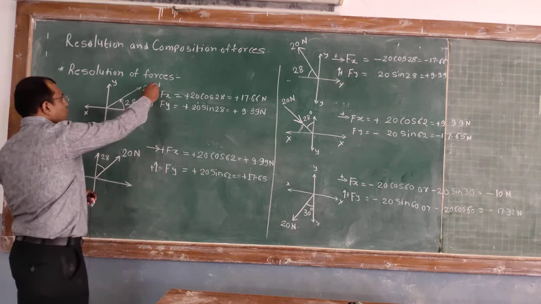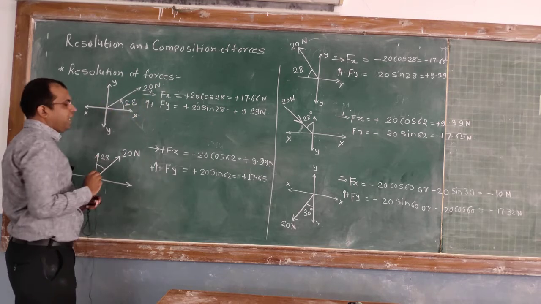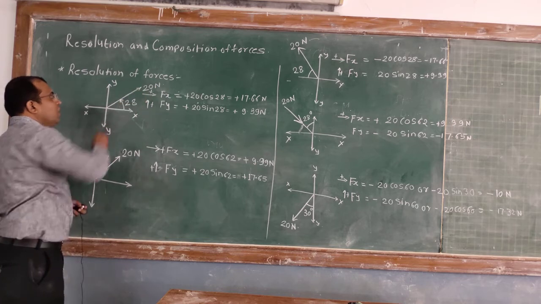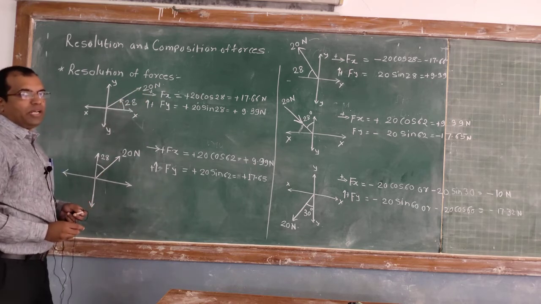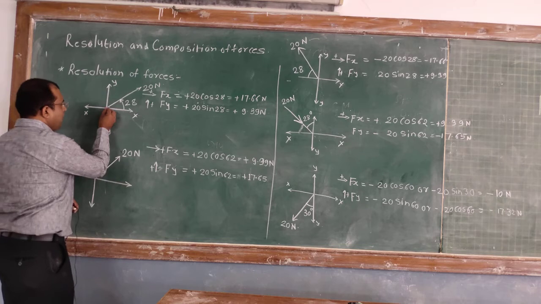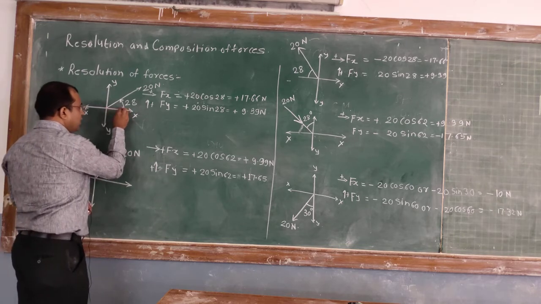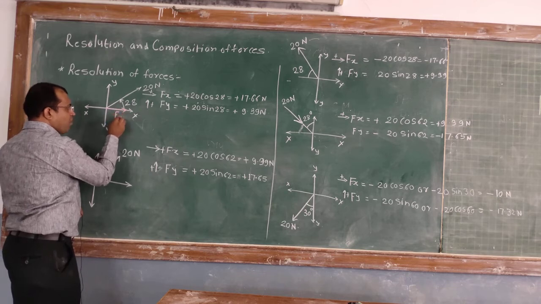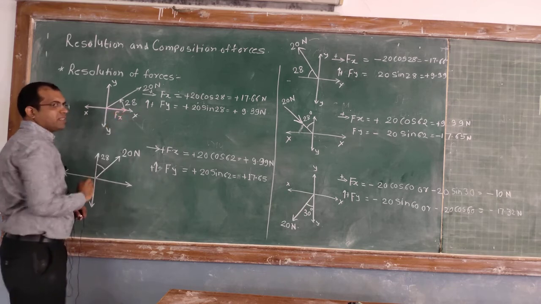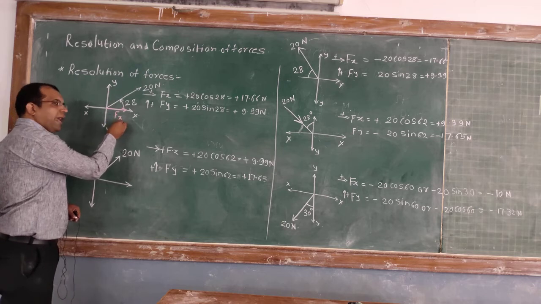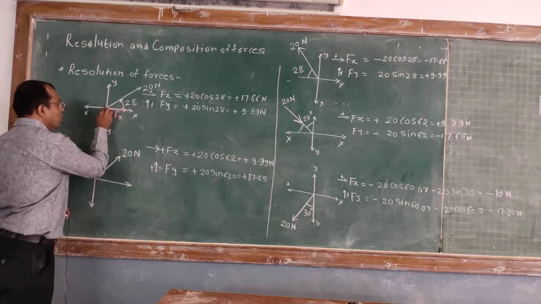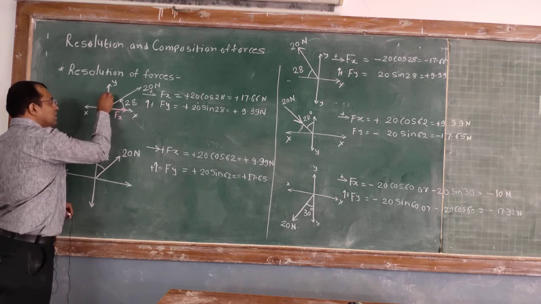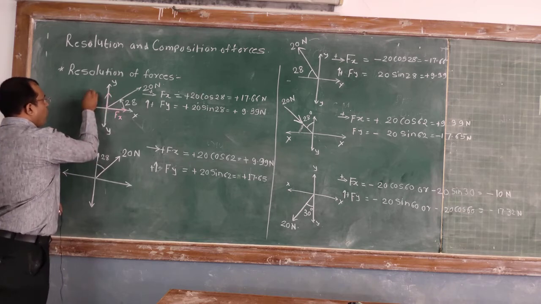We have to find its two components which are perpendicular to each other. The first component is in the x direction, denoted F subscript x. Another component, perpendicular to it, is F subscript y.